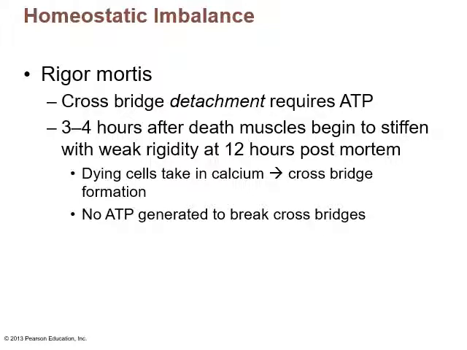The dying cells taking in calcium leads to cross-bridge formation, and no ATP is generated to break the cross bridges. So because there's no ATP, the cross bridges stay attached and the muscles kind of freeze in place. And after a certain period of time, muscle and protein decomposition reverses the process and rigor mortis will reverse itself.